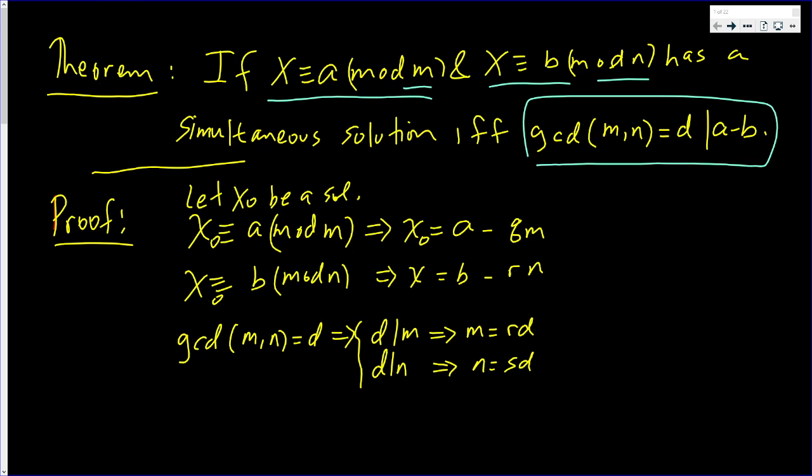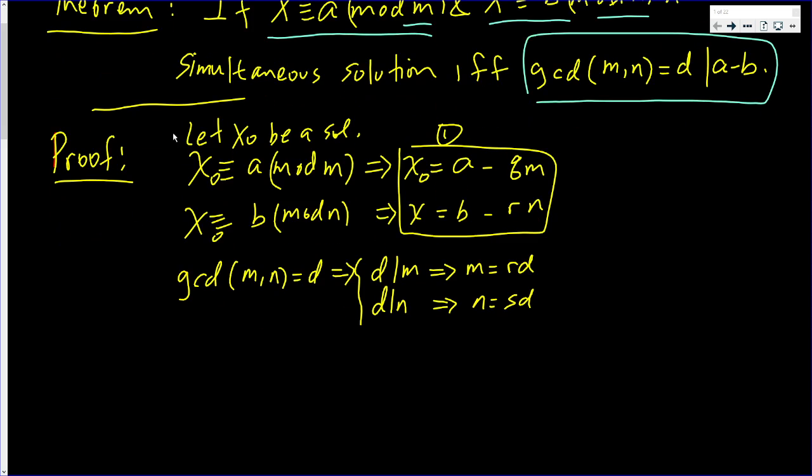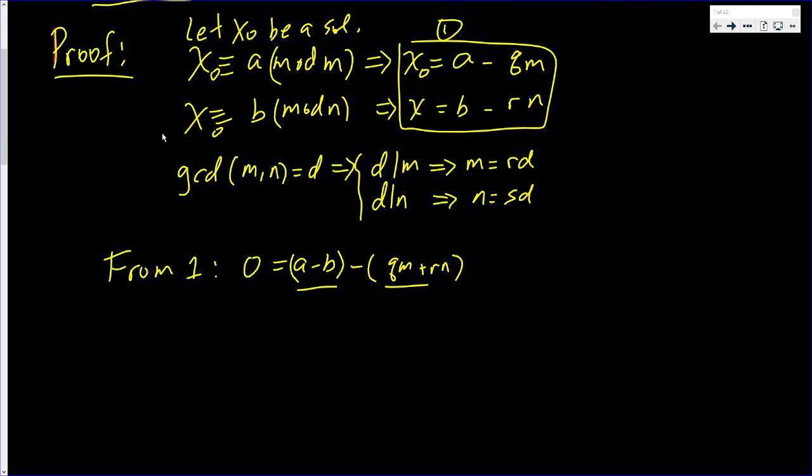Okay. Now, if I take these two equations and I subtract them, let's call it 1. So now I can say from 1, 0 is equal to a minus b minus qm plus Rn. Well, the instant you subtract two quantities and you get 0, you should write that the two quantities are equal to one another.